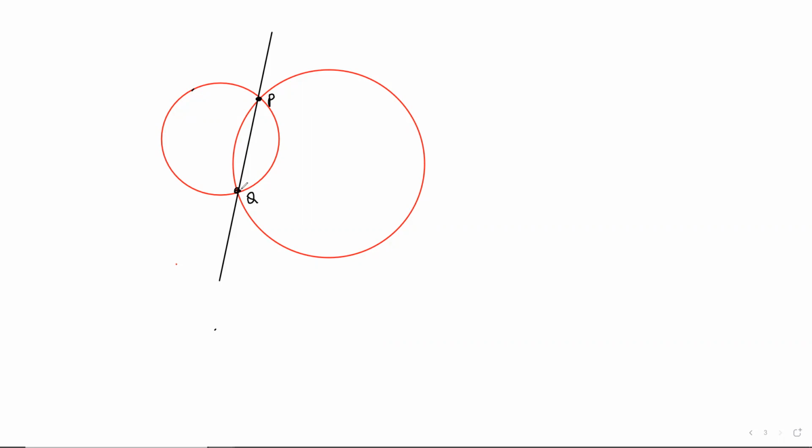So these two points are on the radical axis, but the radical axis is a line, so it has to be this line. For a point on a circle, the power of that point with respect to that circle is obviously 0, and it's on both the circles. That's it. As simple as that.